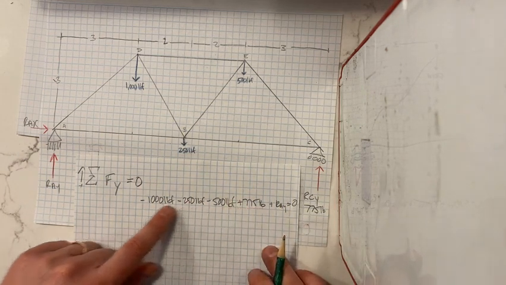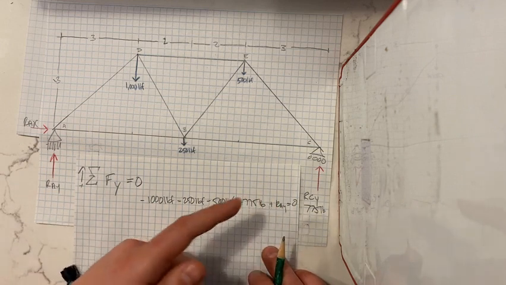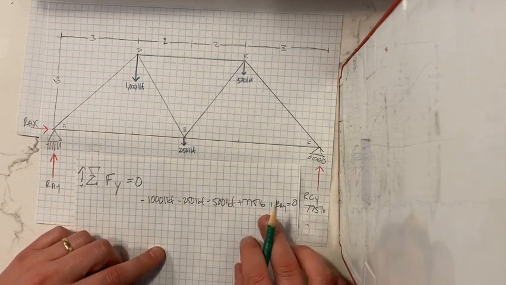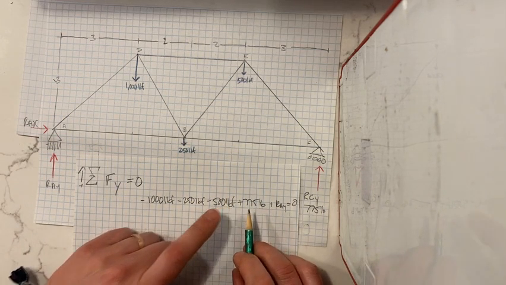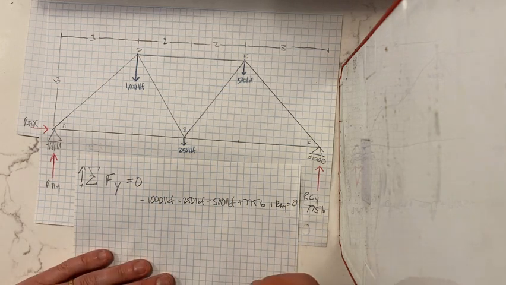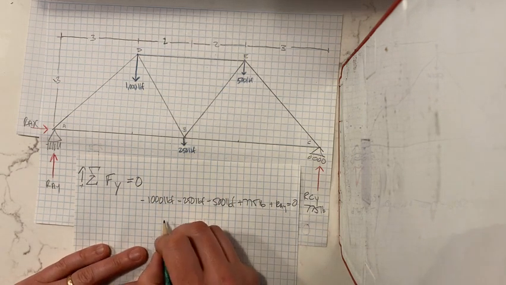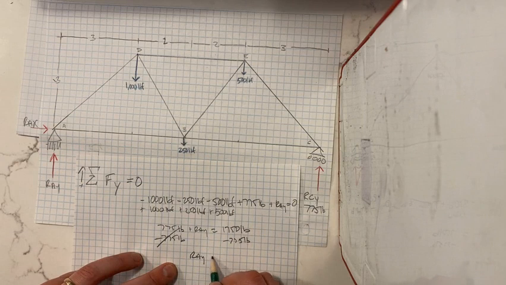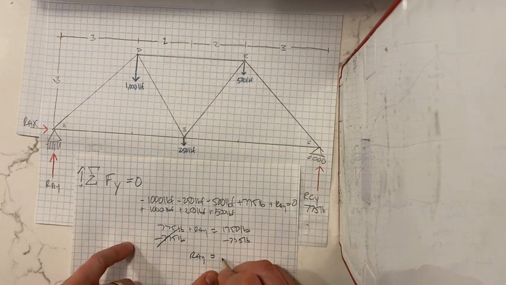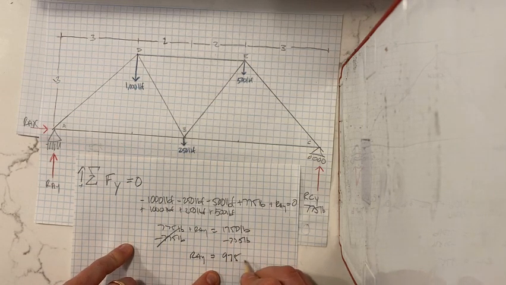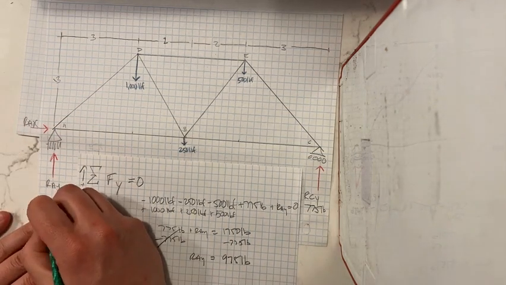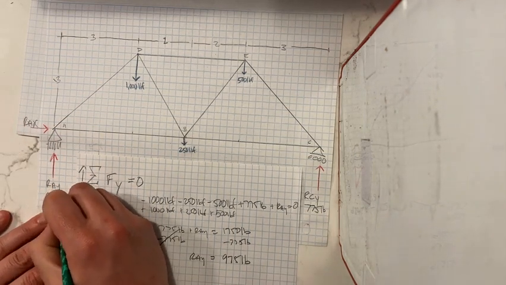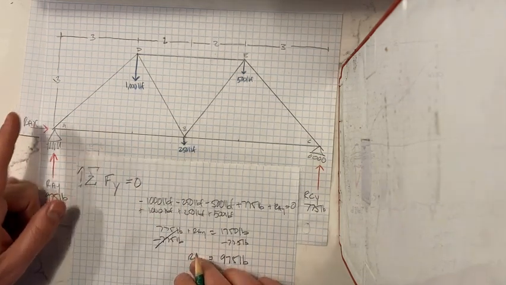You just solve for RAY. This is like a piece of cake. You're just going to take all of these numbers and basically subtract 775 from it, and that's going to be RAY. RAY is equal to 975 in the positive direction. So we're going to put 975 pounds right there going up.